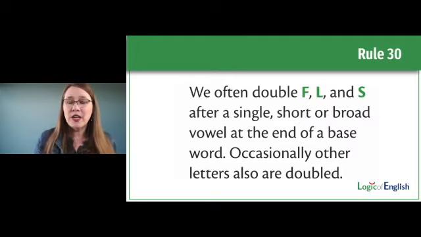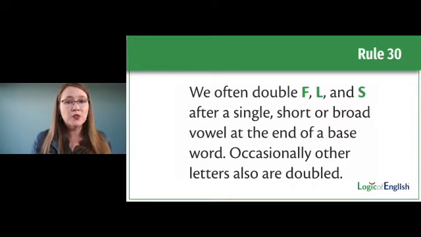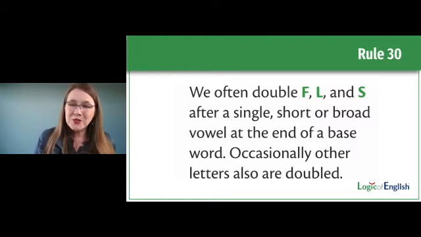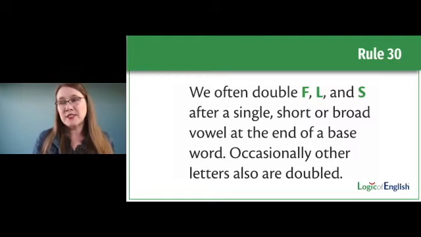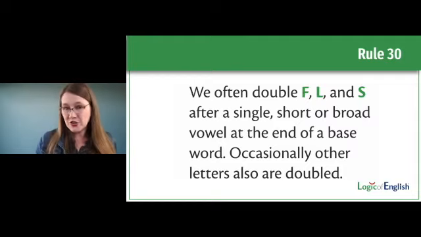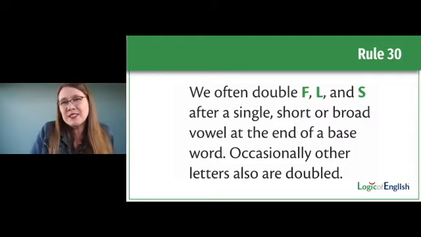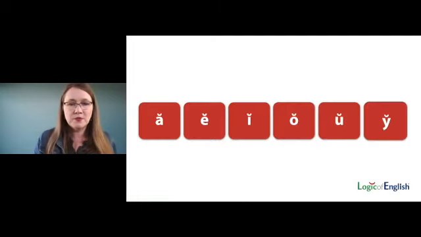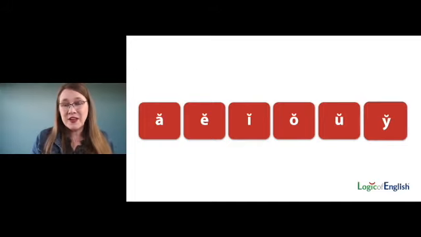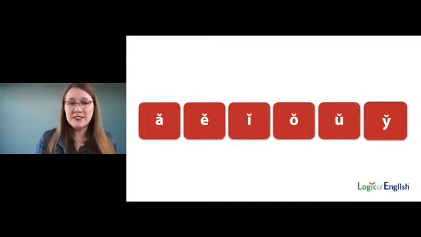We are going to focus right now on short vowels. Broad vowels will come up later in the presentation when we dig more deeply into how vowels work in English. For now, it's helpful to know that the short vowels are the first vowel sounds of the single letter vowels. Let's read them together.